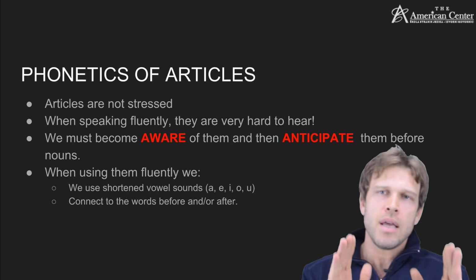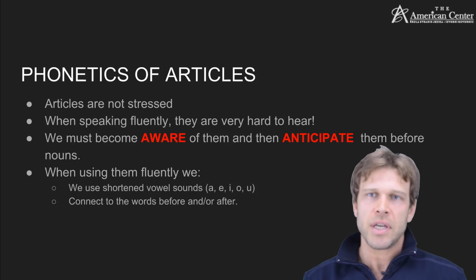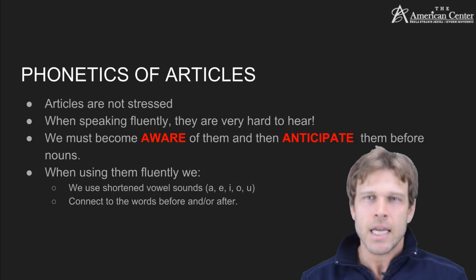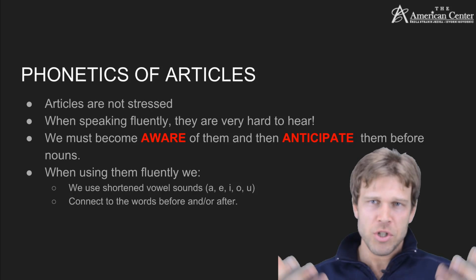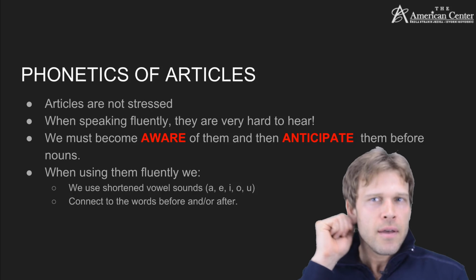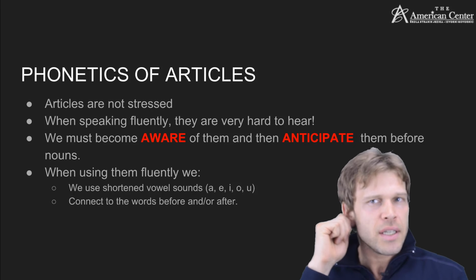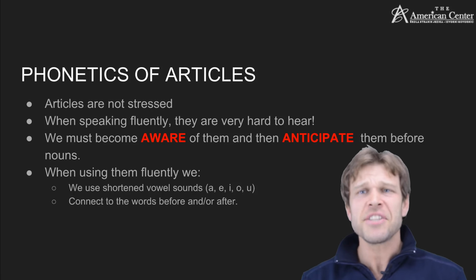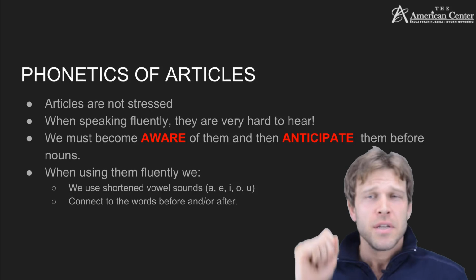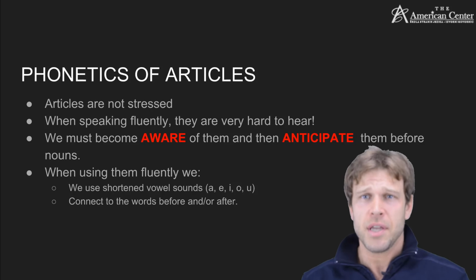So in English, an article, typically when we're speaking fluently, we do not stress them. So when we're speaking our sentence, you can faintly hear, you can barely hear the article, okay? So that's a problem for Croatians because I think you have a problem just hearing the article, okay?